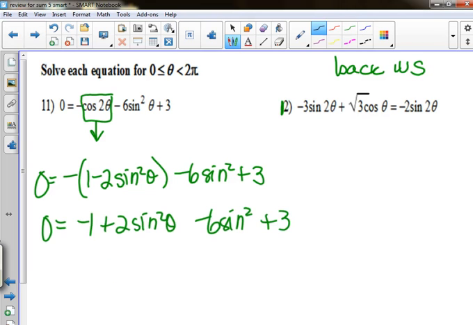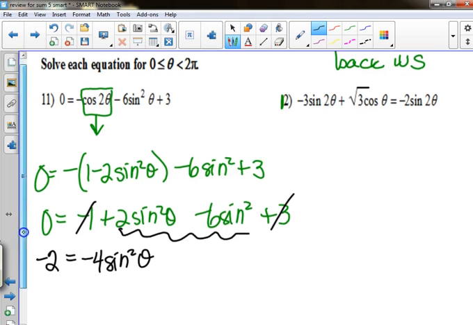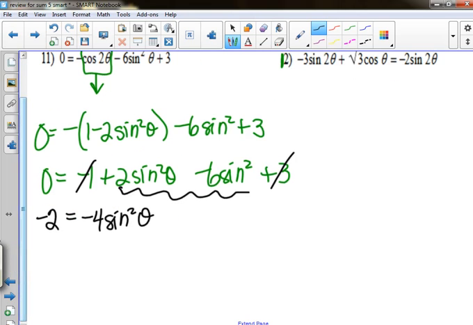Okay, I'm going to skip some steps. 3 and negative 1 would be 2. If I move it to the other side, it's a negative 2. What do these combine to be? Negative 4 sine squared. I feel like we just did this problem. If we divide by negative 4, we get 2/4 or 1/2. And then if we square root, we're right where we were a minute ago, right?